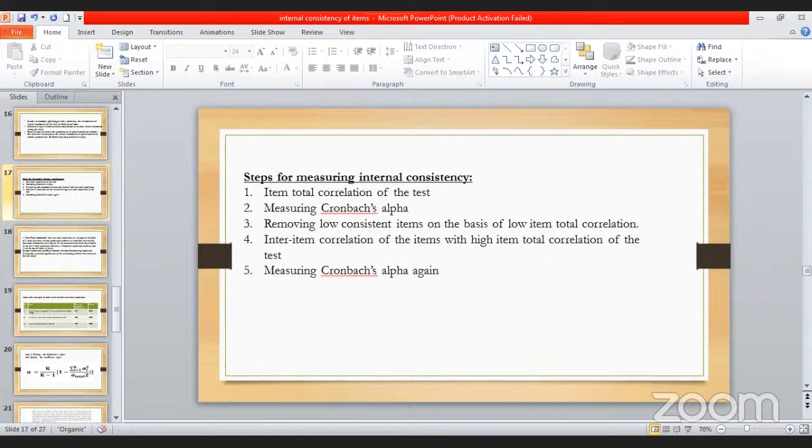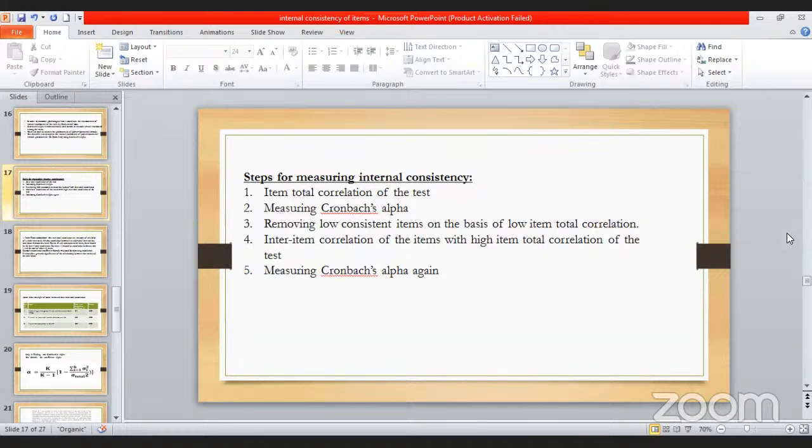Next is measuring Cronbach's alpha. Third step is removing low consistent items on the basis of low item total correlation. The fourth step is inter-item correlation of the items with high item total correlation. And the fifth step is measuring Cronbach's alpha again.